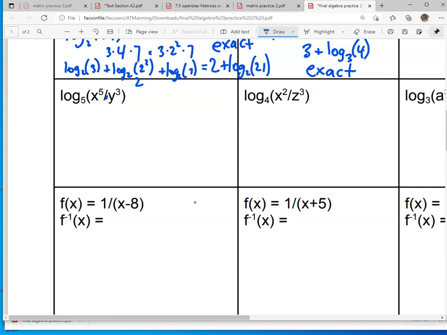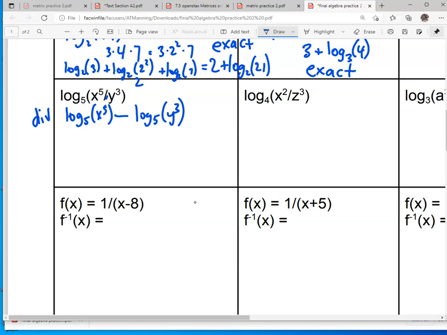Division rule: these two things divided means that's the same as log base 5 of x to the 5th minus log base 5 of y to the 3rd. Do the division rule first, and now the exponent rule. Whatever this exponent is, it comes out in front of the log base 5.